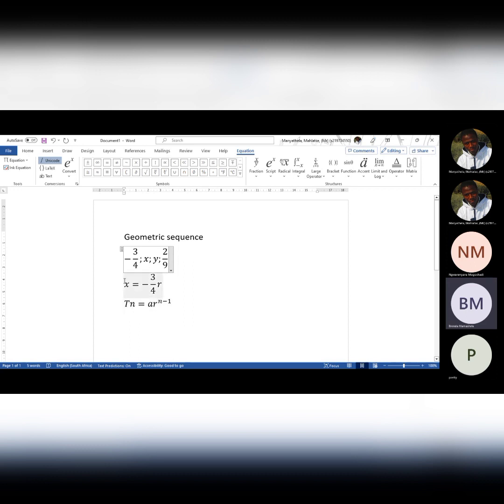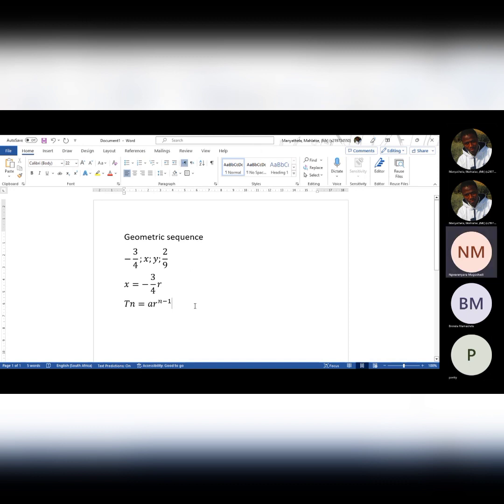Fine. So, for term number 2, even if we were to use this general term, Tn equals ar to the exponent n minus 1. Let's do it that way. Tn in this case is x.